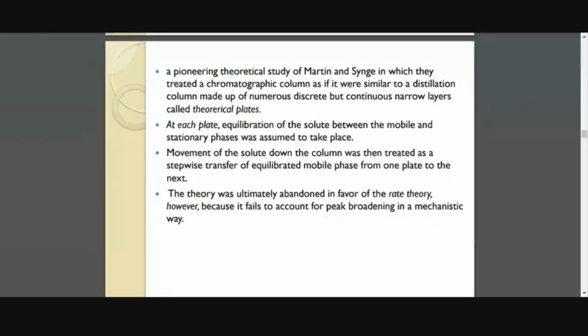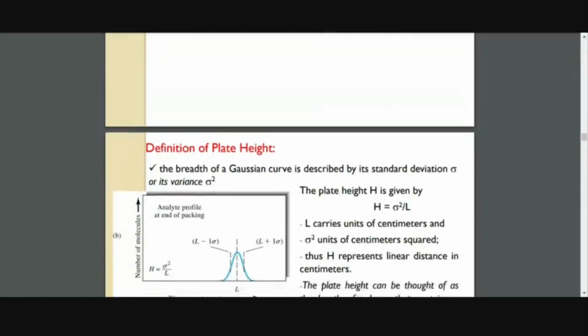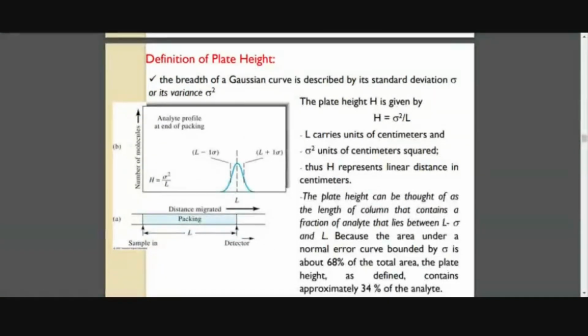Mechanically, it could not explain why the peaks get broadened. Still, let us go deeper into plate theory, because rate theory generally will not give you numbers related to the efficiency of the column, but plate theory is still used to define how efficient a column is or is not.